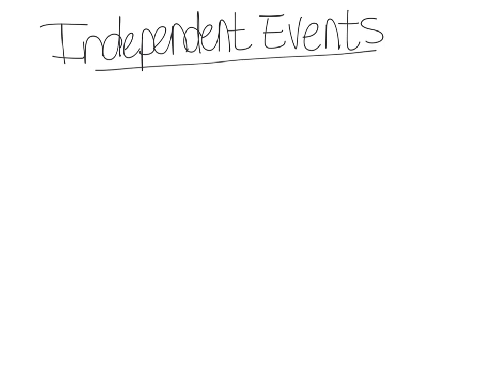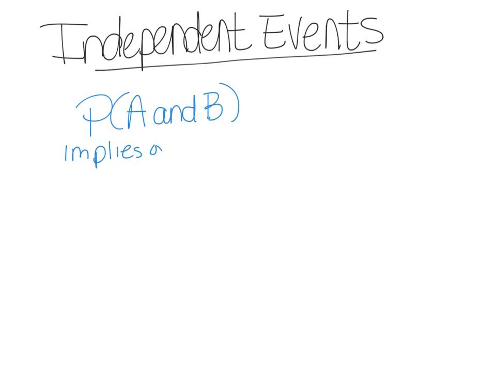So let's continue talking about these independent events, okay? This was, for example, tossing a coin and then rolling a die. We use a rule for this. If you have the probability of event A and B, which implies an order, then it's the probability that A happens times the probability that B happens.